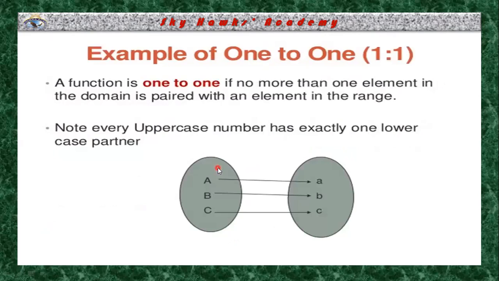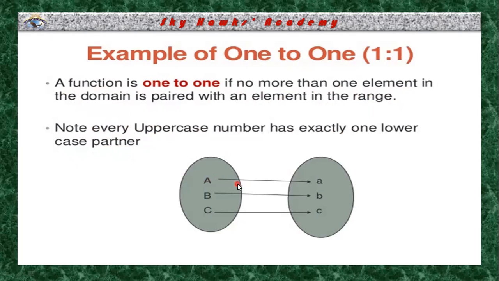Now let's see some examples of one-to-one functions. A function is one-to-one if no more than one element in the domain is paired with an element in the range. So our codomain is also called the range. Note that every uppercase letter has exactly one lowercase letter partner.